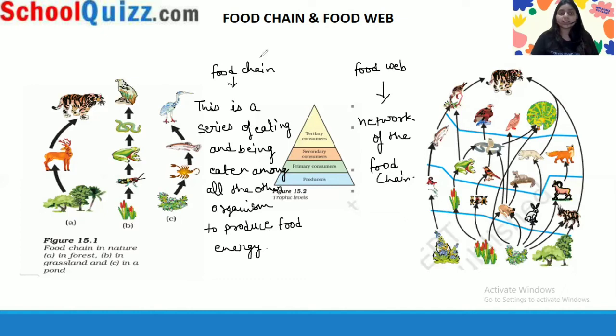And what will happen in the food chain? This food chain does not help in increasing populations.